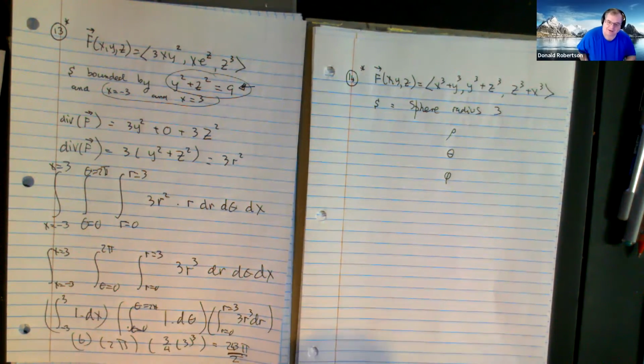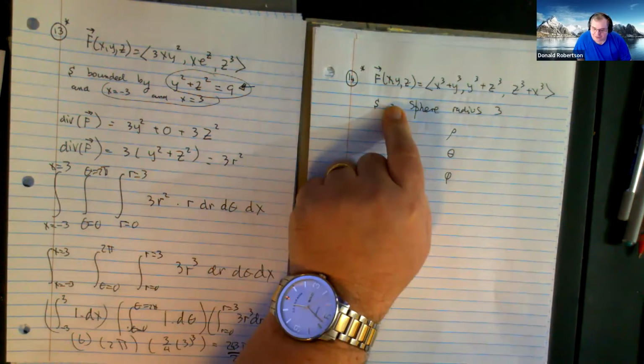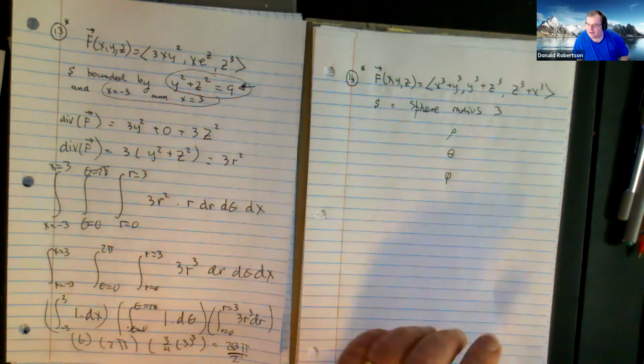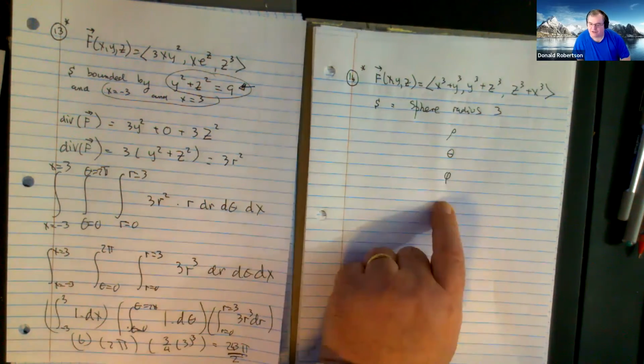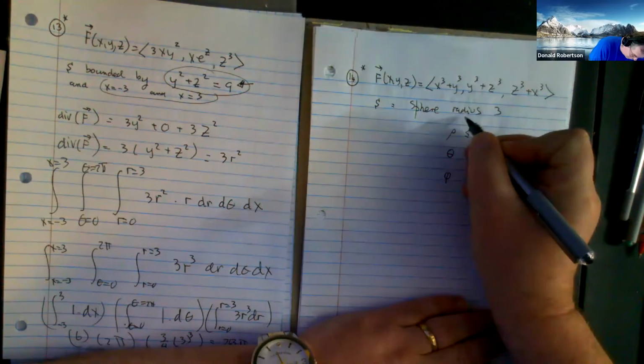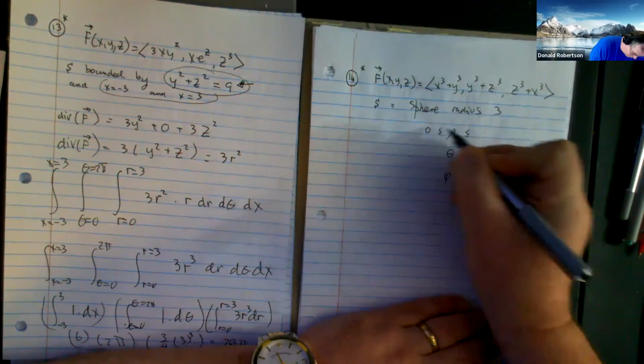Yes. Now, the surface here is the surface of a sphere. So the solid would be a solid sphere, which is pretty obvious. So these three guys are kind of screaming out, use me. Well, the radius is 3, so it goes 0 to 3.